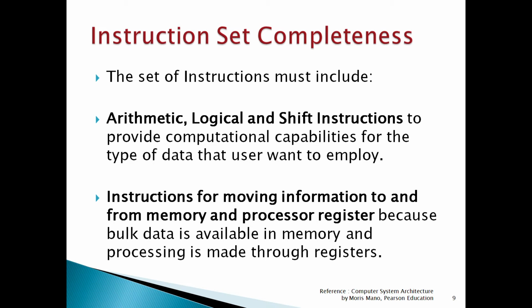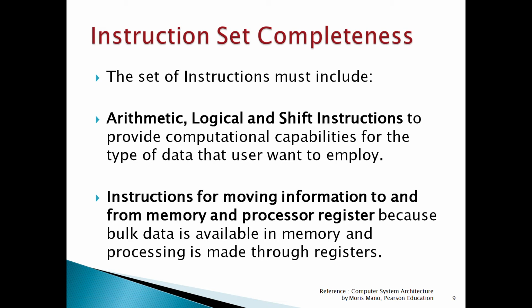What exactly should be the components of the instruction set? It should have arithmetic, logical and shift instructions to provide computational capabilities for the type of data that the user wants to employ. Any type of arithmetic calculation, logical or shift right, shift left instructions, which we have studied earlier, must be there.